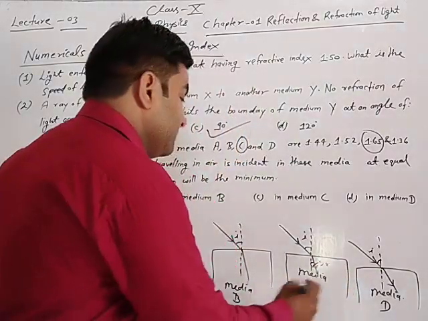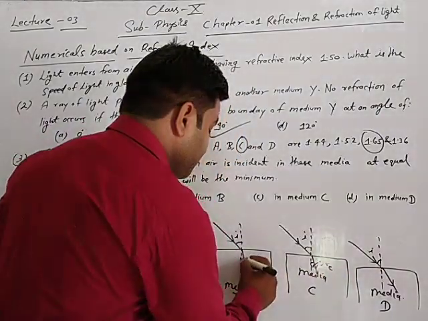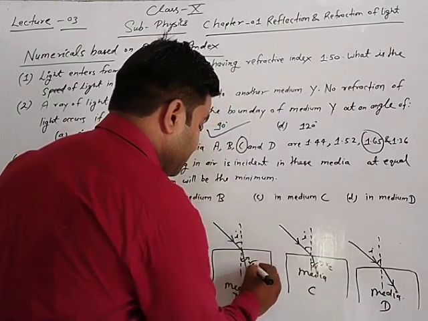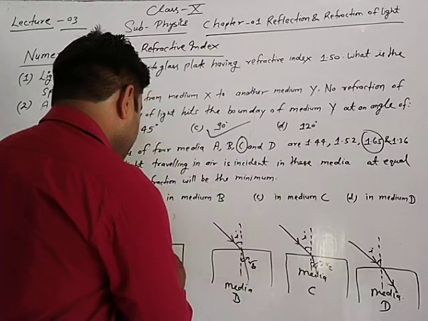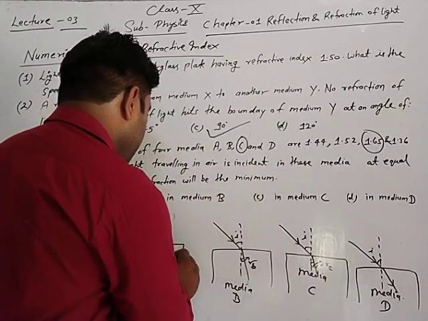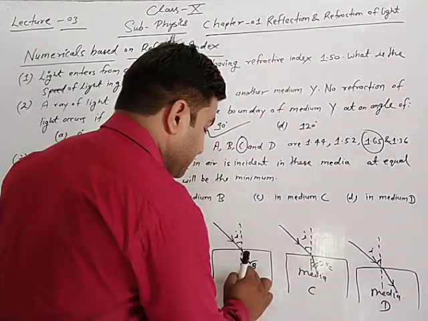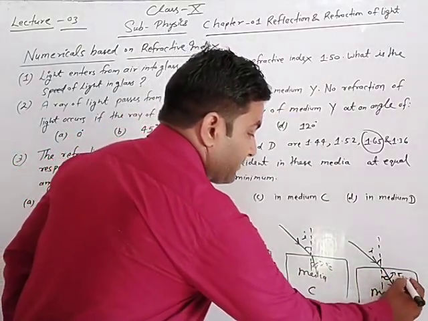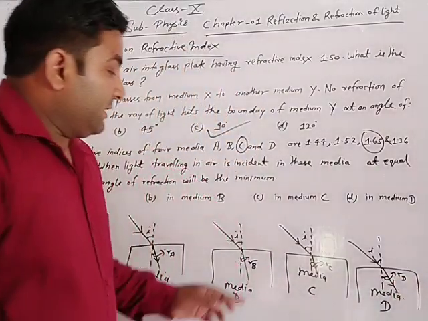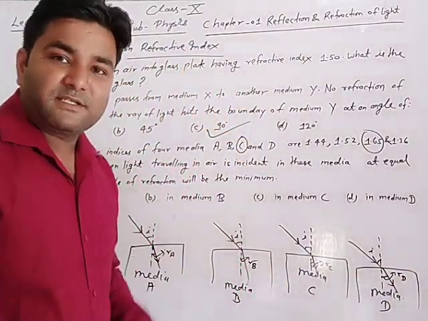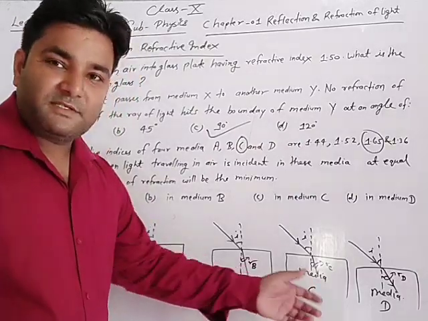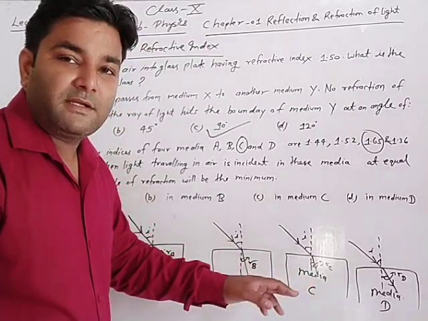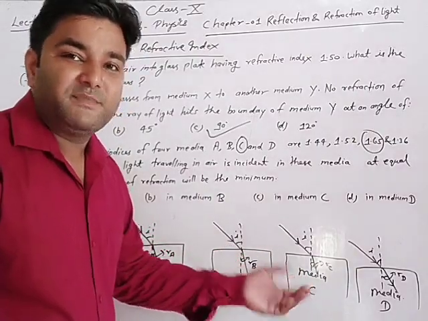RC. Here RB, here RA, and here at last RD. It is clear on the refractive index concept. The refractive index of C is greater, which means maximum deviation towards the normal, which means the refraction angle is minimum.